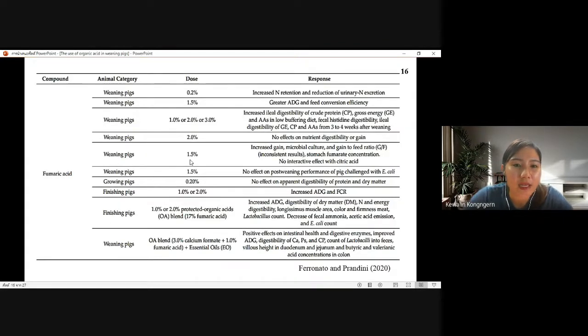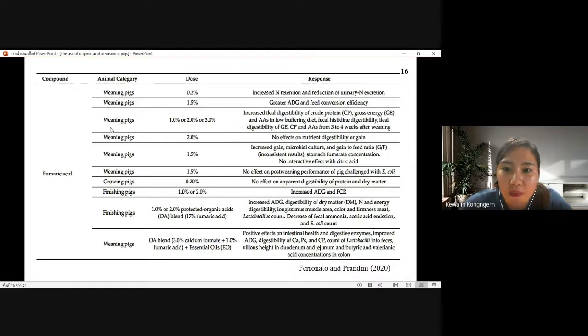For fumaric acid, when we use 0.2% in weaning pigs, it increases nitrogen retention and reduces urinary nitrogen excretion. When we use 1.5% in the weaning pig, it has greater ADG and feed conversion efficiency.